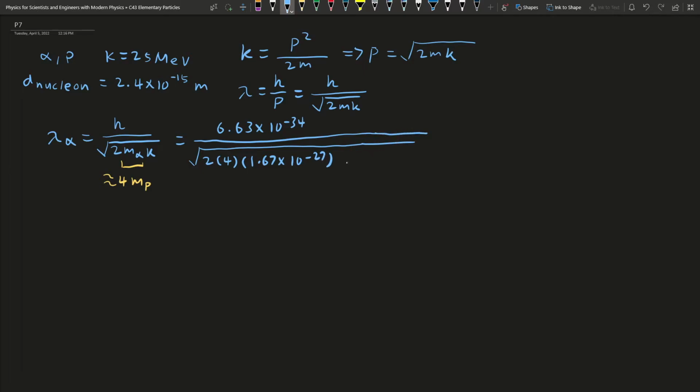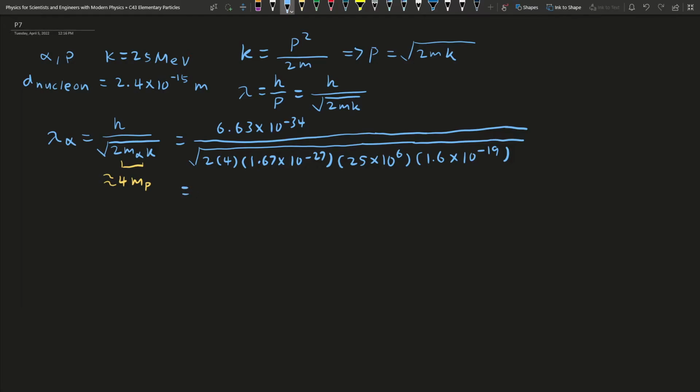Finally, the kinetic energy. This is 25 mega, mega is 10 to the 6, and we have to multiply with 1.6 times 10 to the negative 19 to convert this into the unit joule.